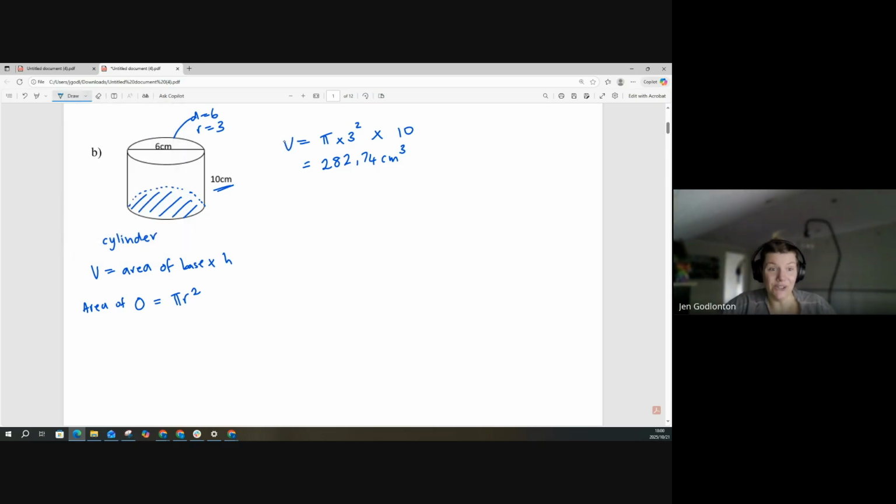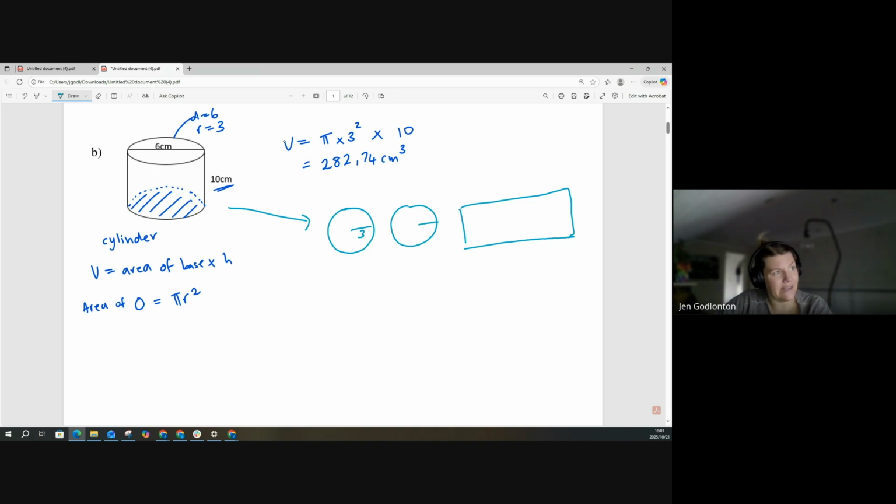For our surface area, if we had to break this shape up, what we land up with is 2 circles and a rectangle. So for our circles, they have a radius of 3. And for our rectangle, this is the outside.